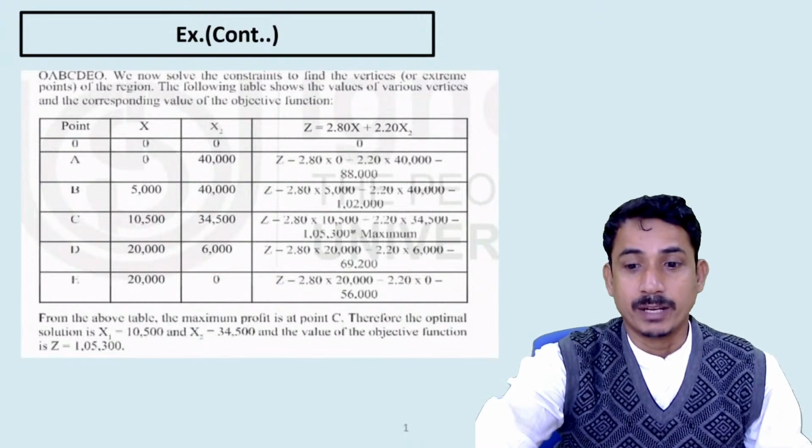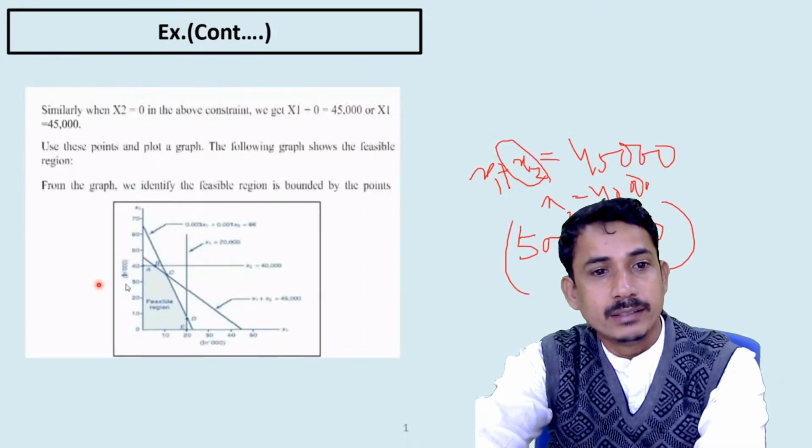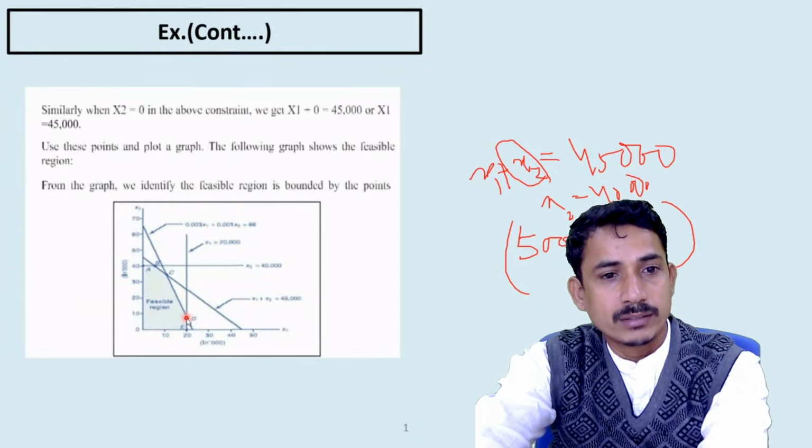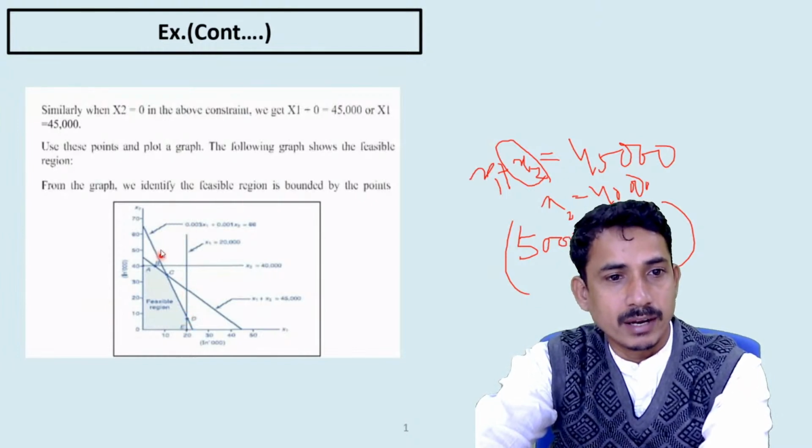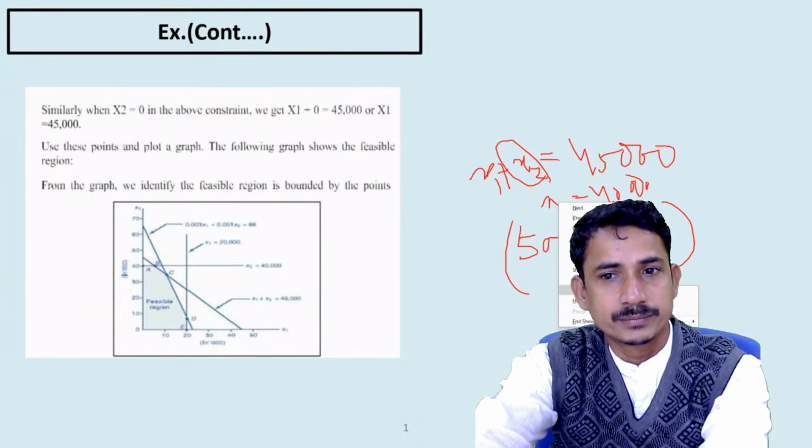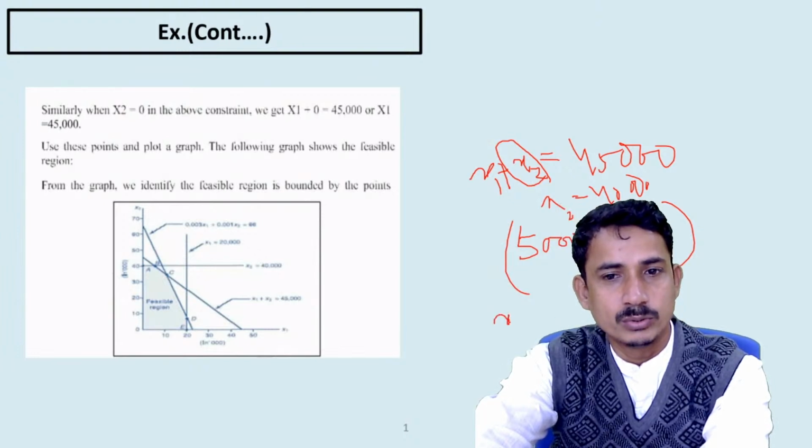Similarly, the point value if you talk about D, the point D, this one, is the intersection of this line and this line. This line means it is given: x1 is equal to 20,000.